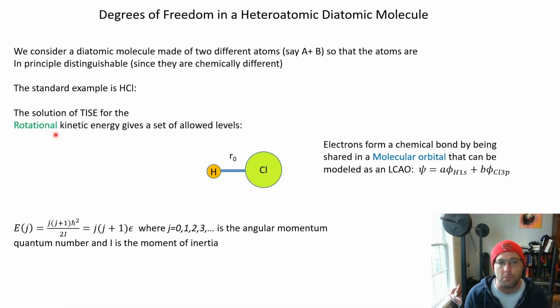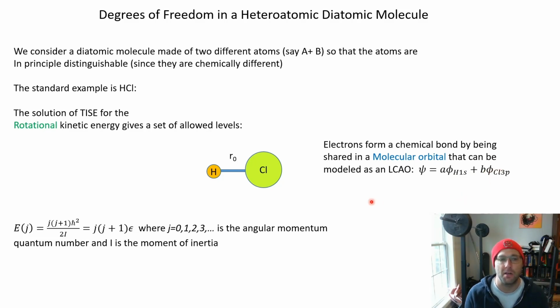So what we can do for this molecule is actually solve the time-independent Schrodinger equation to get the rotational energy levels. We can solve for the electronic orbitals of the molecule by doing a linear combination of atomic orbitals. So the hydrogen and the chlorine are bonded together by mixing their hydrogen 1s orbital and the chlorine 3p orbital.